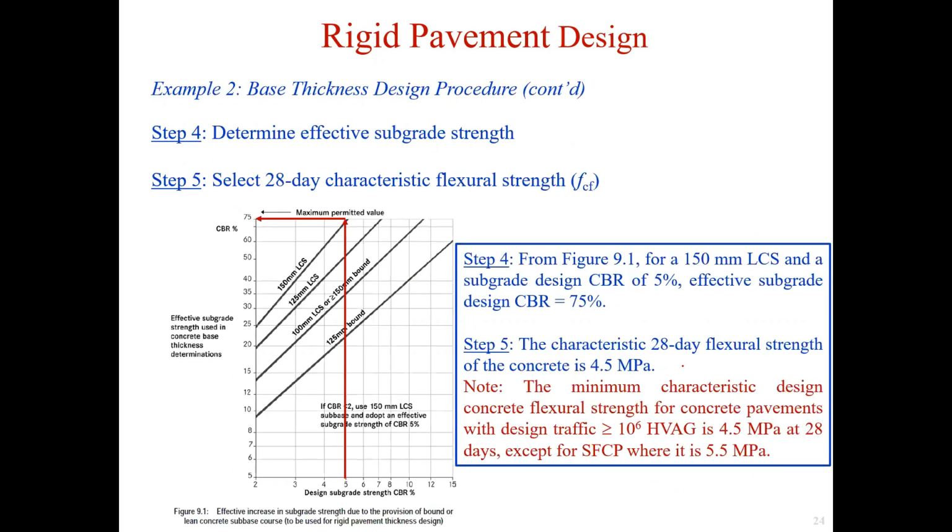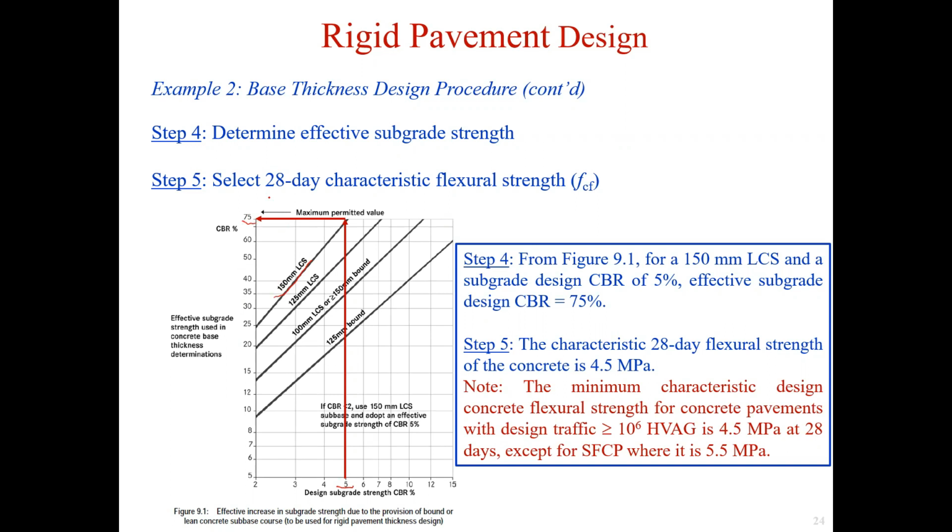Step 4 is to determine the effective subgrade strength. From figure 9.1, for 150 millimeter LCS and subgrade design CBR of 5%, we found the effective subgrade design CBR equal to 75%.